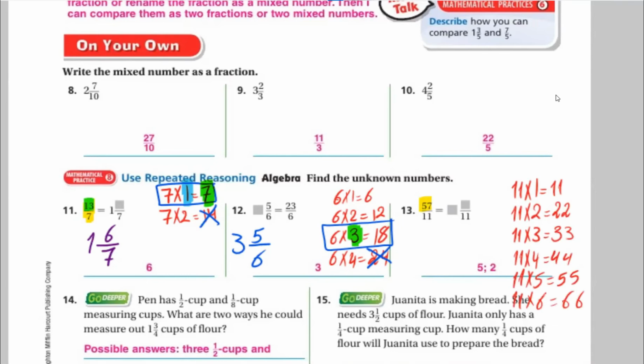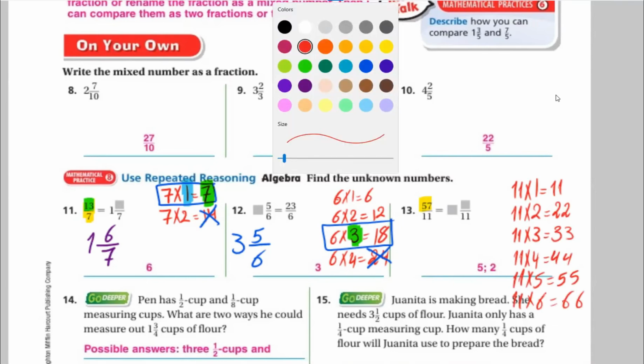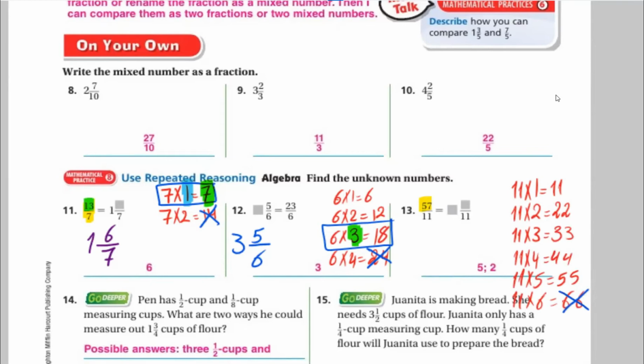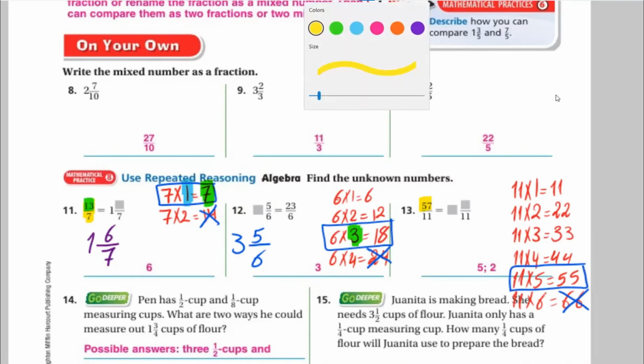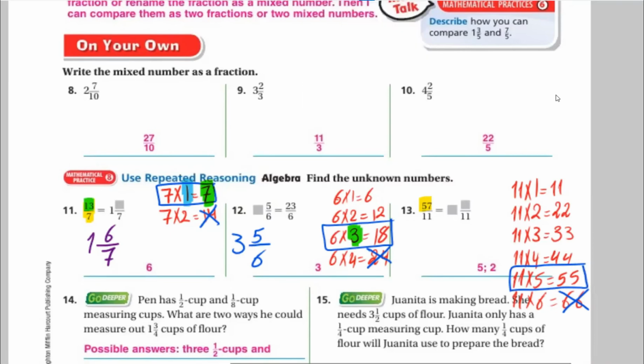Can we take it? No, because 66 is bigger than 57. So we're going to take the number before. So what are we going to use as the whole number? 5 as the whole number.